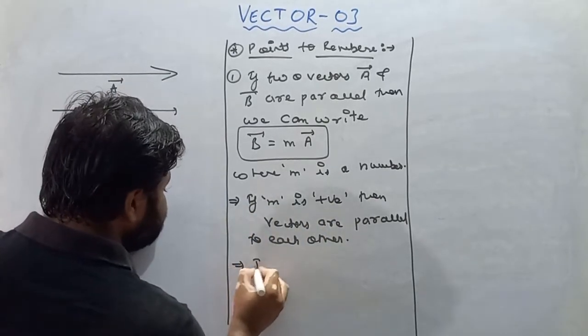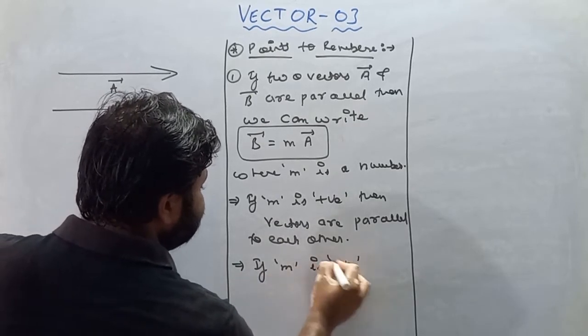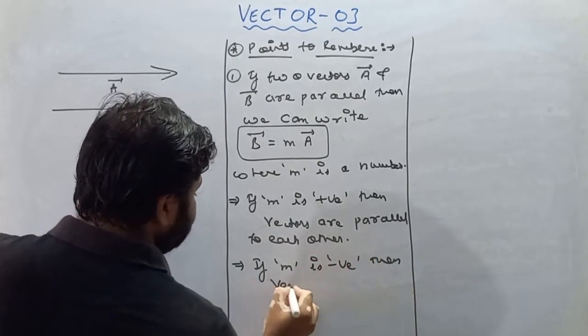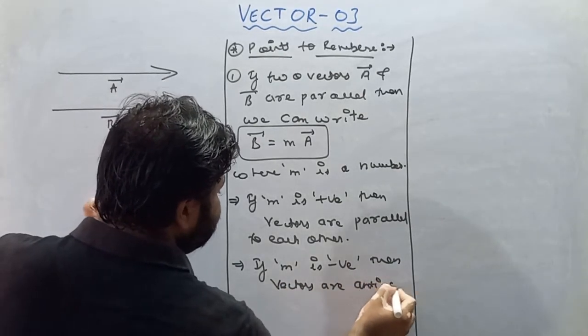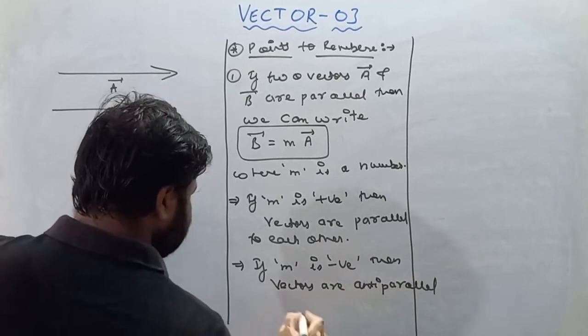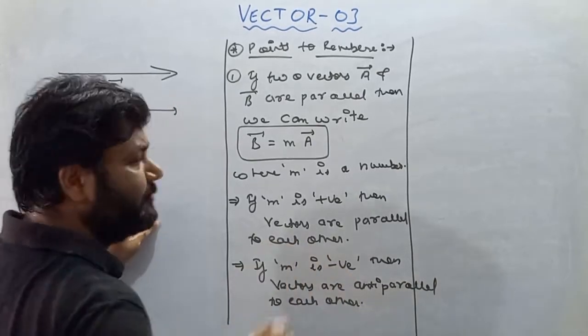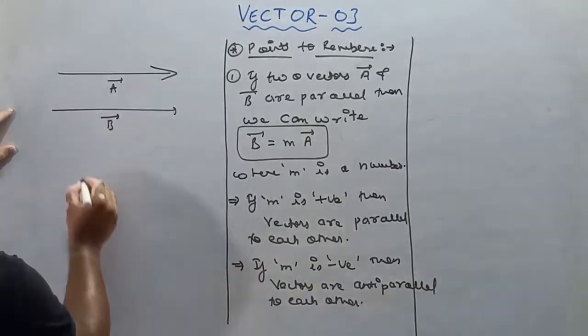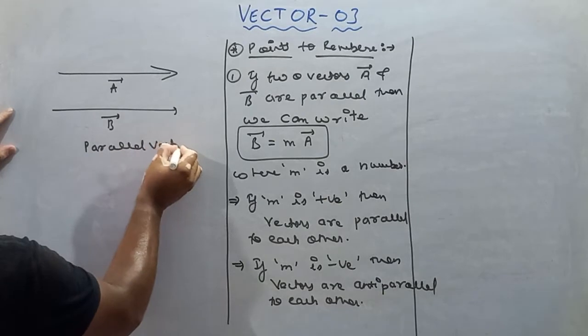and if m is negative, then the vectors are anti-parallel to each other. And we know that anti-parallel means two vectors that are parallel to each other but their directions are opposite.